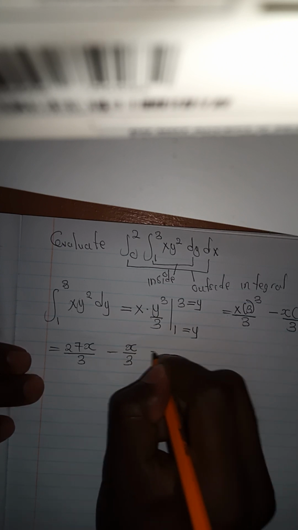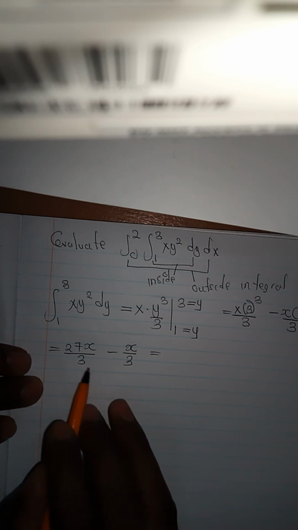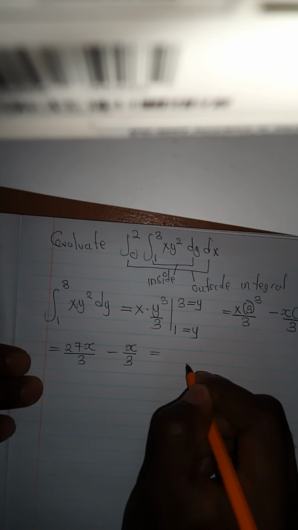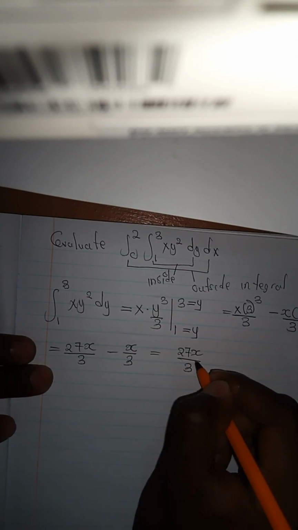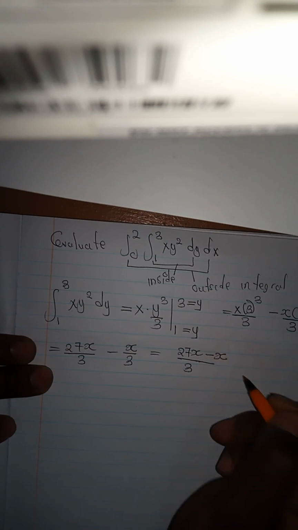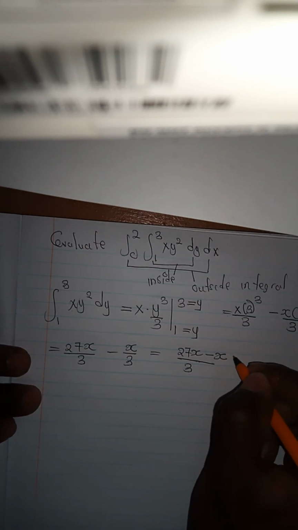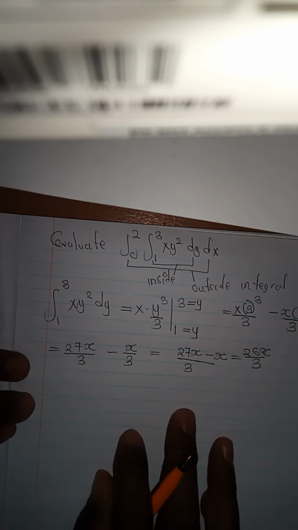Then when we check, the two have the same common denominator, which is 3. It means now we are going to have 27x minus x. What is 27x minus x? The two are like terms. It means we have 26x, all this over 3.